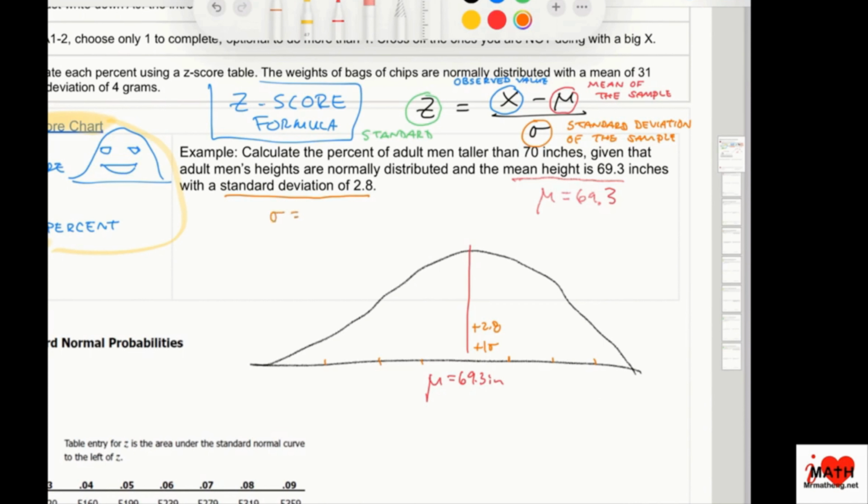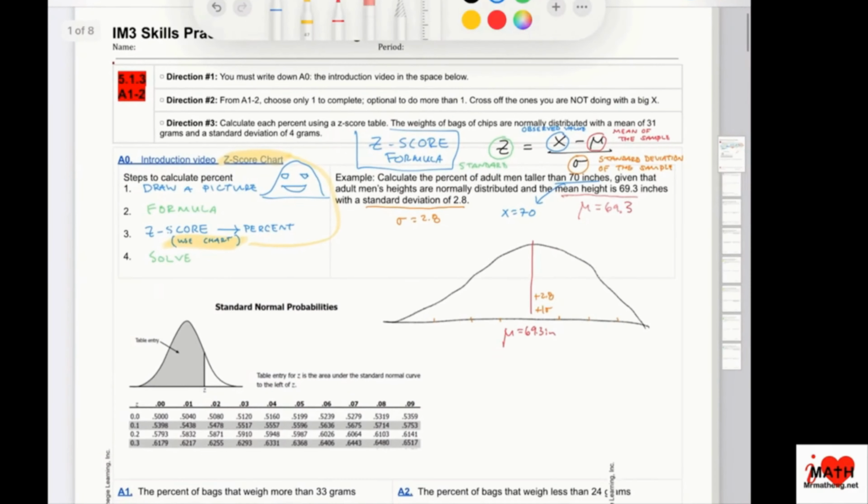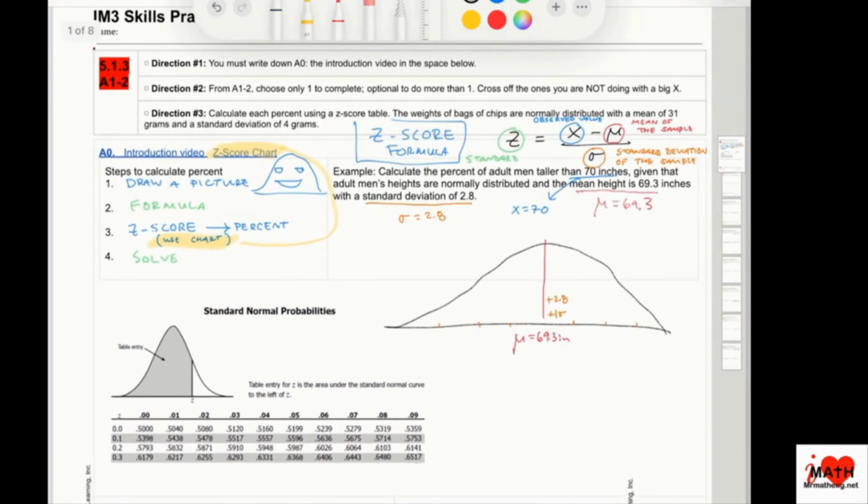Standard deviation is 2.8. And the observed value is 70. So in our example, x equals 70. Okay, so what did we just do? Number 1, this is my picture. Check. Let's write down the formula.